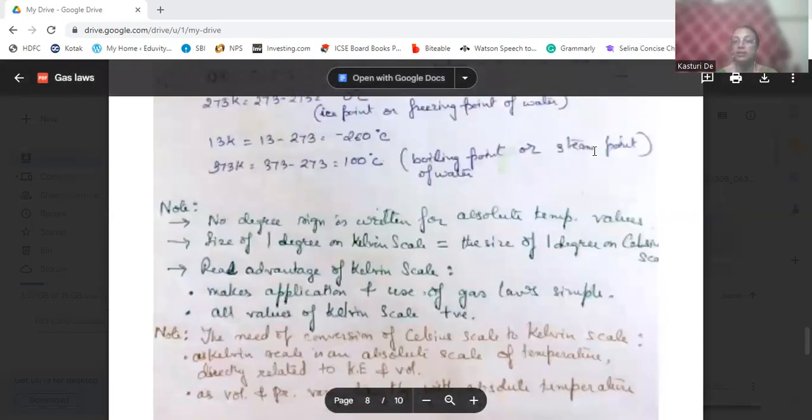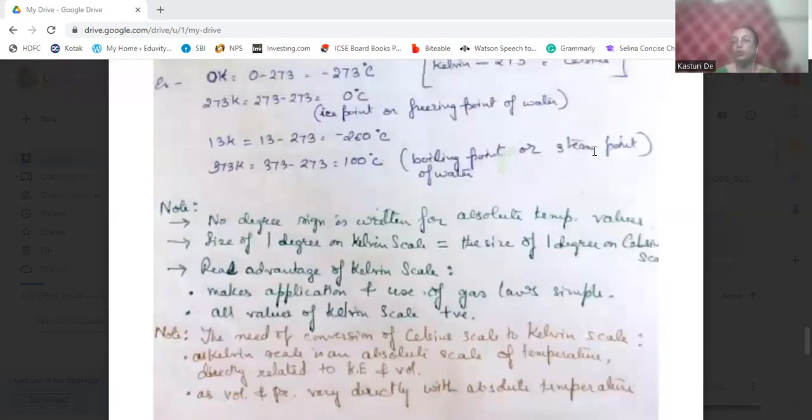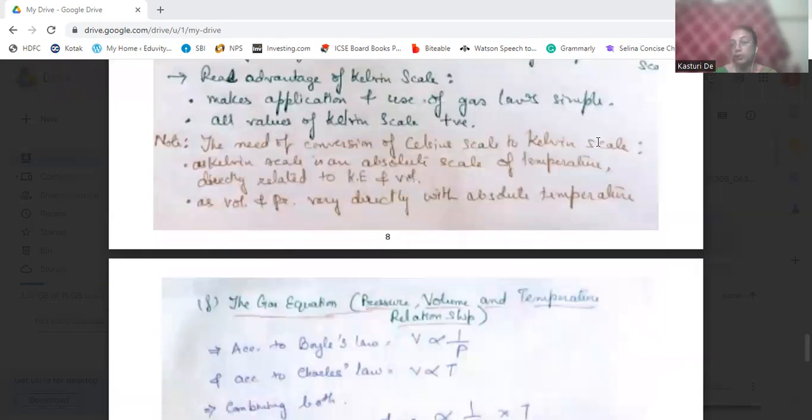Because it is an absolute temperature, so no degree sign is required. The size of 1 degree of Kelvin is the size of 1 degree of Celsius. And we know the real advantage of the Kelvin scale, why we need to convert the Celsius scale into the Kelvin scale before working on these.